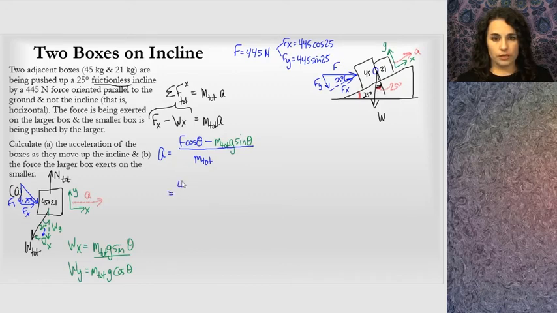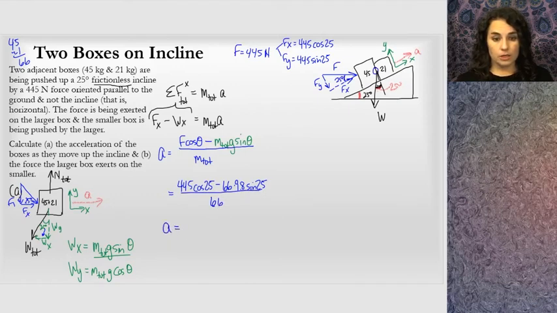F cosine theta, so I have 445 cosine 25 minus m total. Well, 45 and 21 is 66. So I have 66 times 9.8 sine 25, and then I will divide by 66. And that will give me the acceleration of the system.